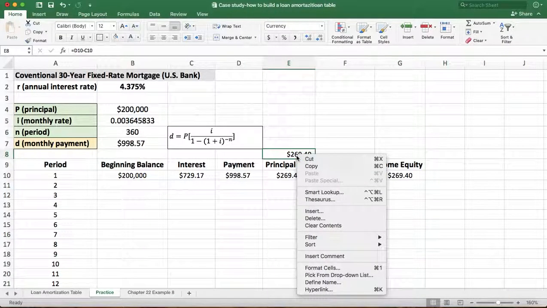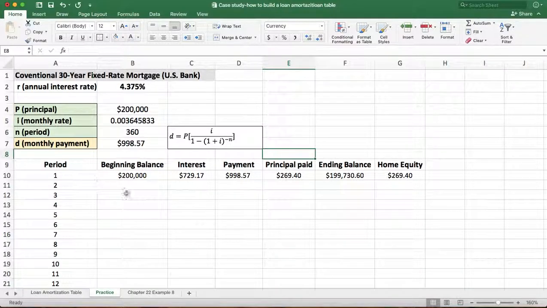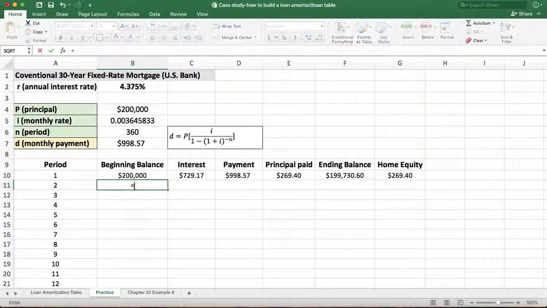Let's clean up. So the second period. The beginning balance equals the previous period's ending balance. So click this cell, enter.